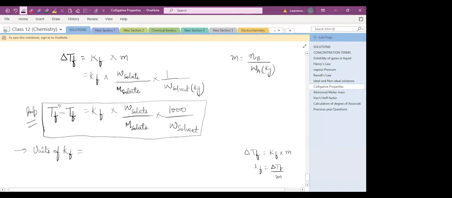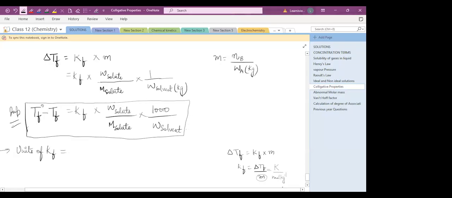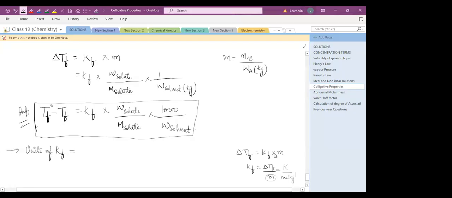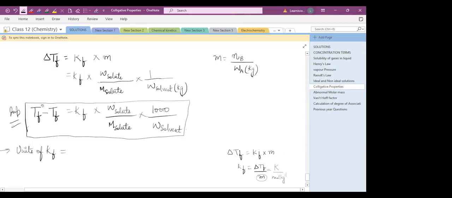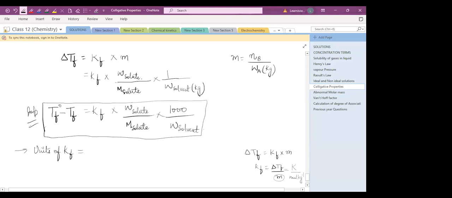Delta TF is a freezing point, basically a temperature, so its unit is Kelvin. Kelvin upon the unit of molality, which is mole per kg. So what will be the unit? I'm writing it over here.